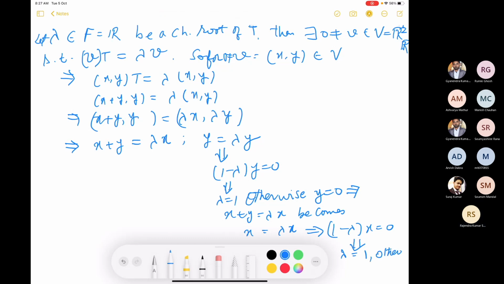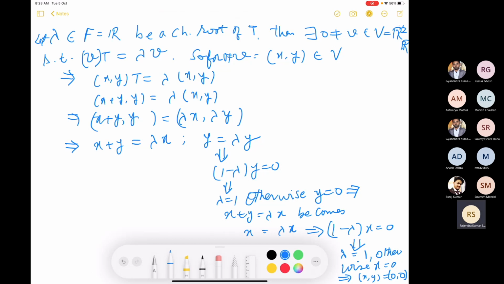Otherwise, x will be equal to 0. So if lambda is not equal to 1, then of course this will mean that x, y is 0, 0, because y is already 0.